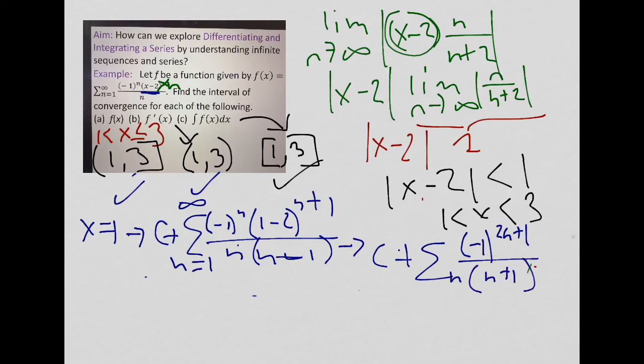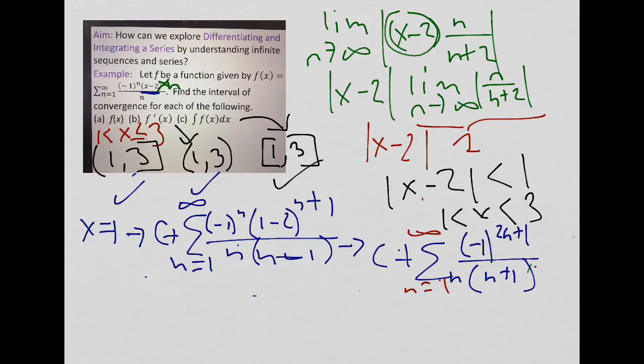Okay, so we're going to do the direct comparison test here. If you look at our sum, I'm aware that the numerator is going to end up being negative 1 all the time.